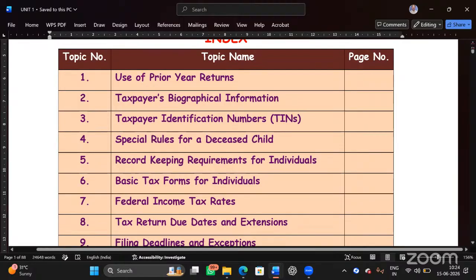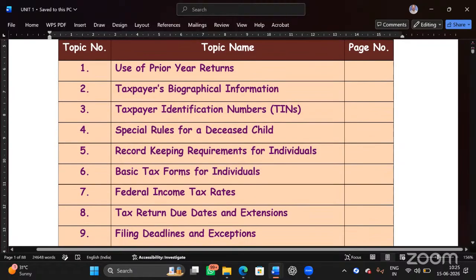All this information will be covered in the second subunit. Based on this information, the tax burden, tax rates, and tax amount will change automatically. That is the reason it plays a vital role in filing the tax return in the current year.